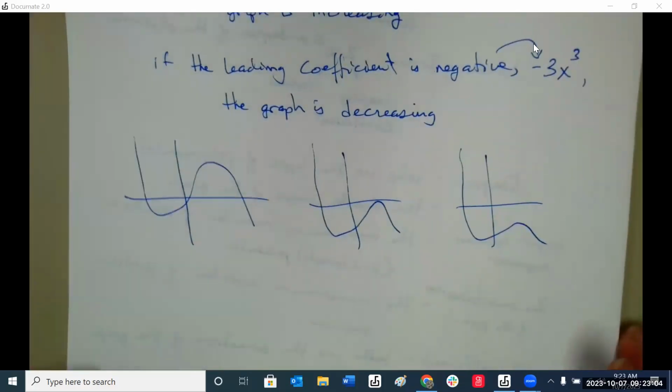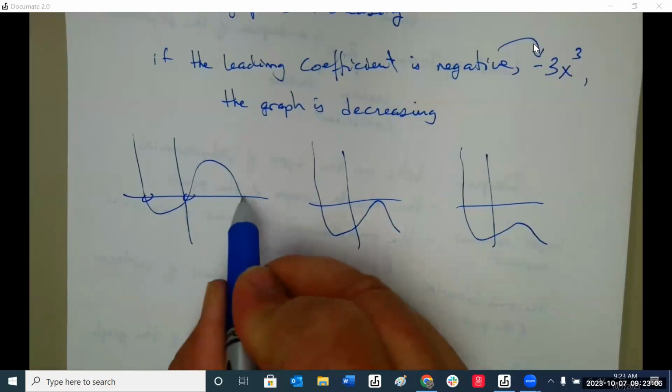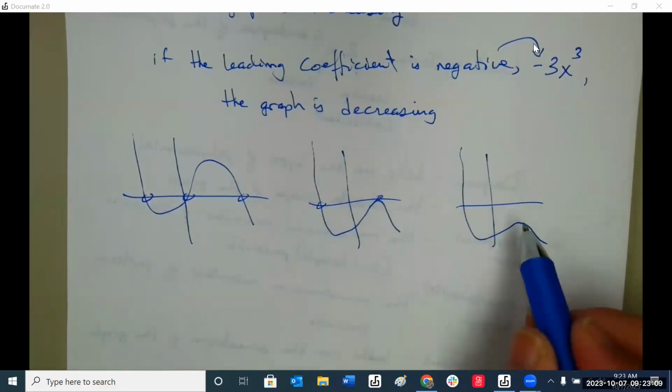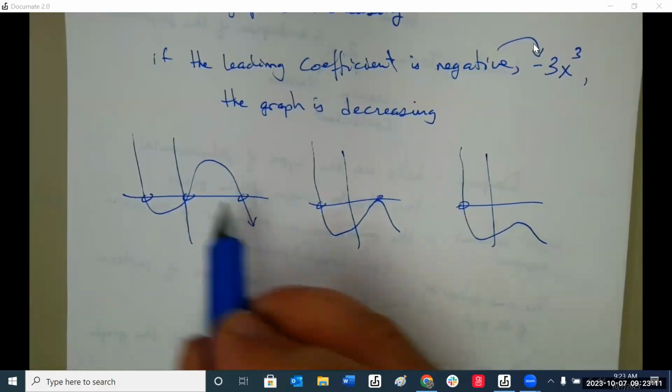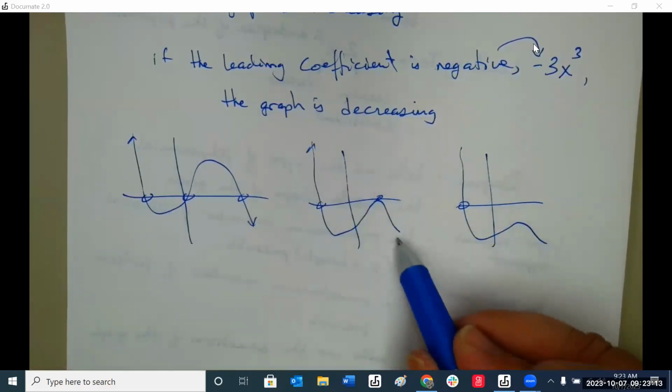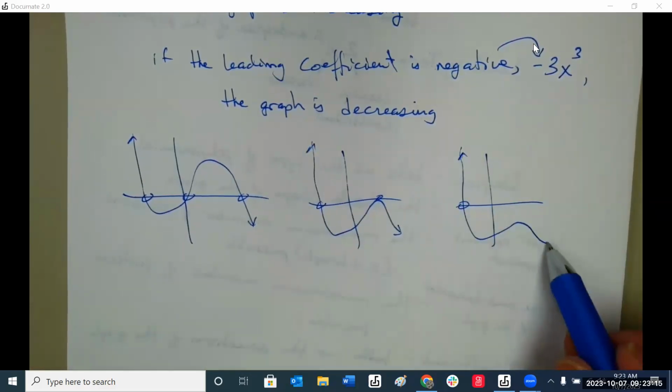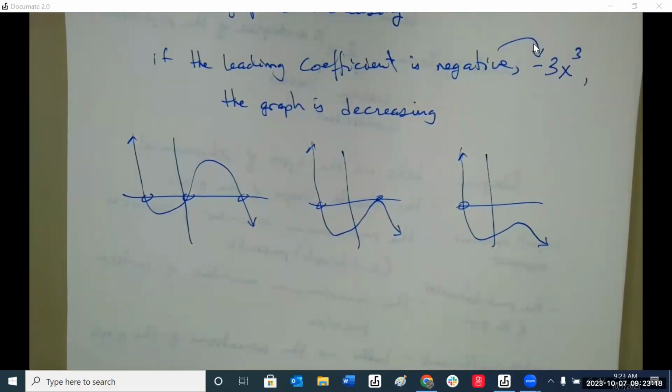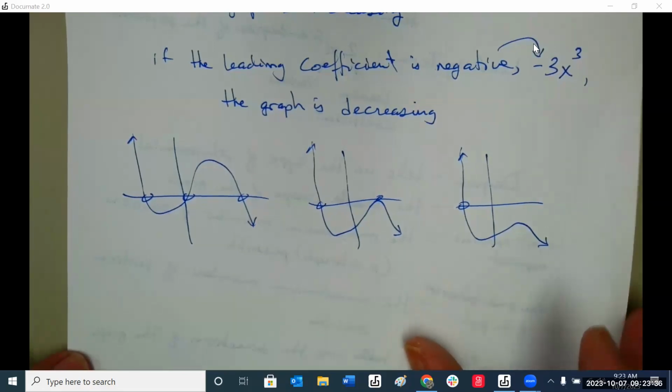Which means our graphs could look like this. So the leading term, if it's positive, it's an increasing function. If it's negative, it's a decreasing function. And the degree tells us the shape of the curve and how many answers we can have. So that's if our degree is odd.